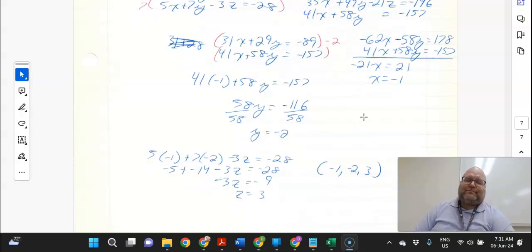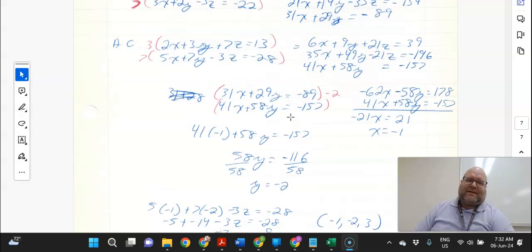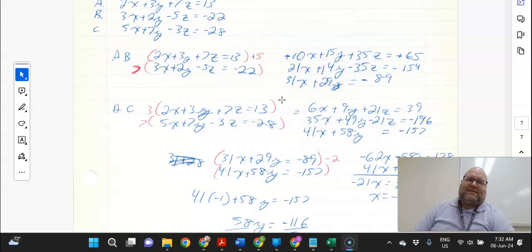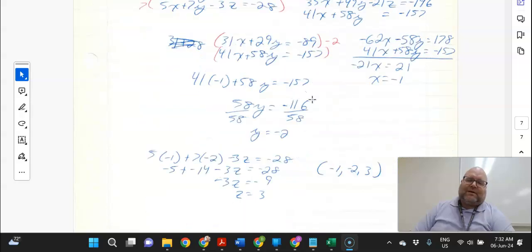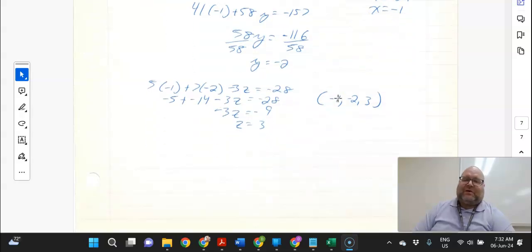We can then take the x that we know, the y that we know, plug it into one of our three equations above, A, B, or C. In this case, I chose C. We get negative 5 plus negative 14 minus 3z equals negative 28. Negative 3z equals negative 9, or z equals 3.